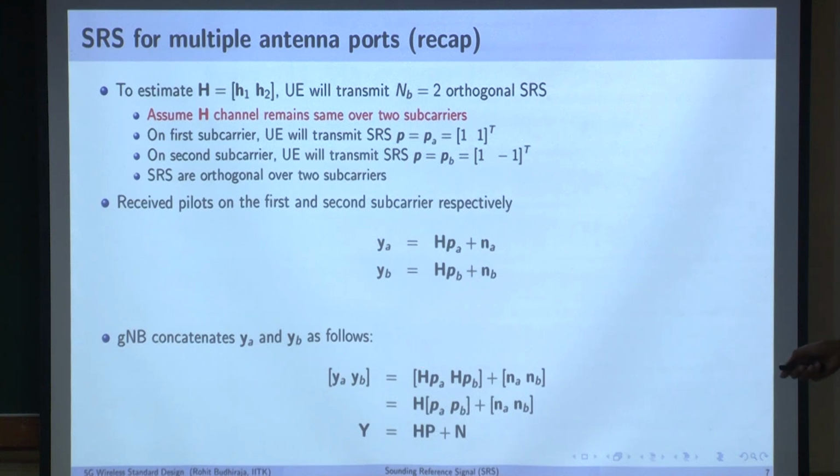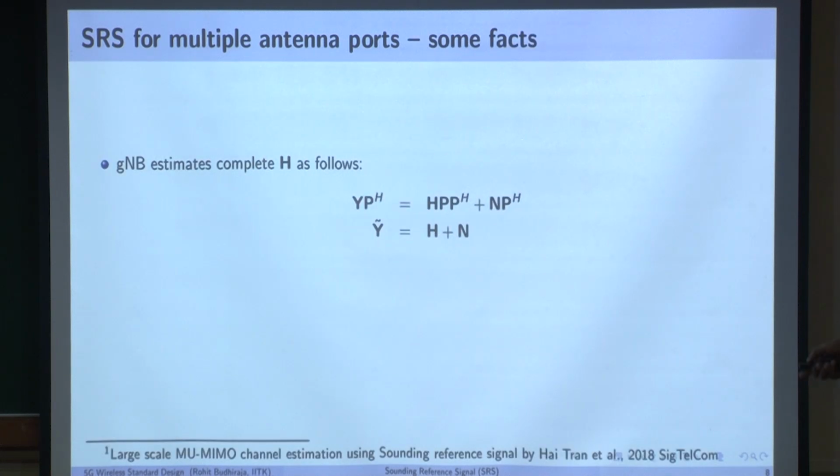We assume the channel is constant over 2 subcarriers, and with this you are able to write Y = HP plus N. You multiply it from the right with P Hermitian, and you get Y tilde, which gives H plus N, with the same statistics.